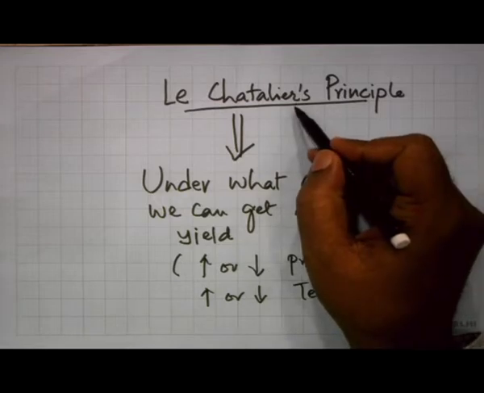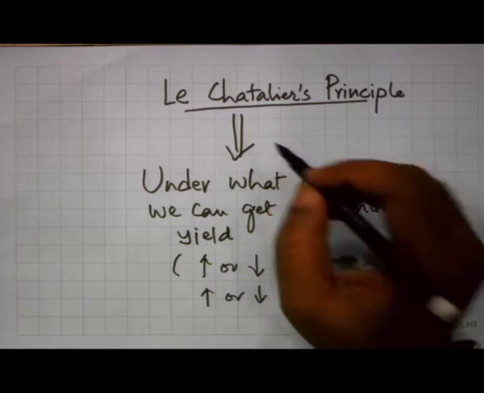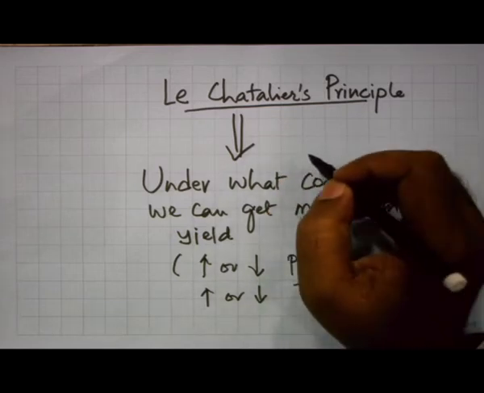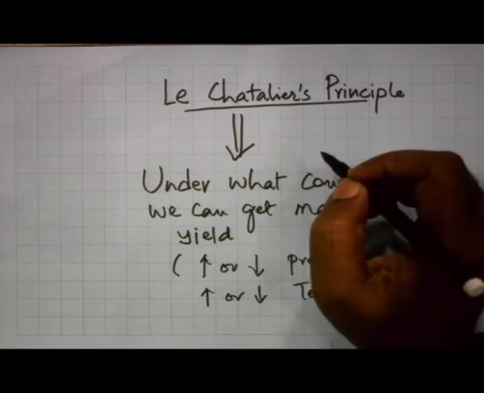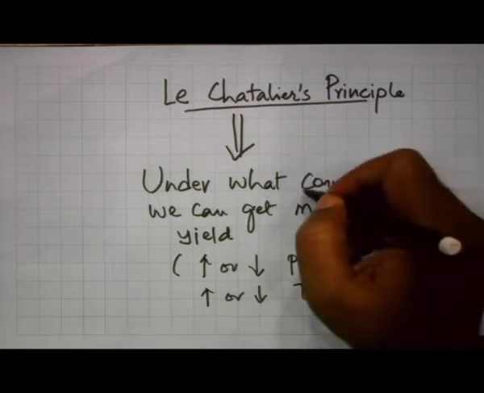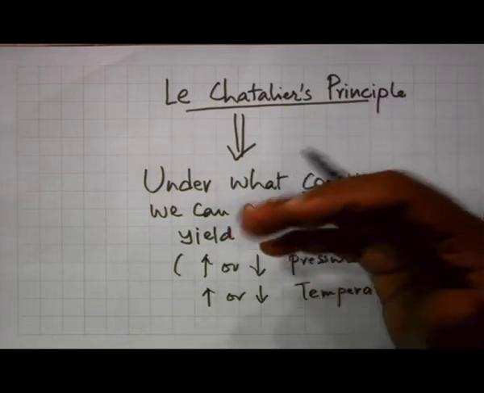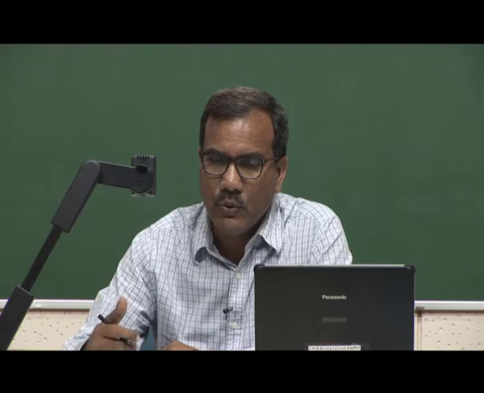The most important use of Le-Chatelier's principle is that we can know under what condition a reaction can give maximum product, or maximum yield. What do I mean by condition? We can change concentration, pressure, volume and temperature.